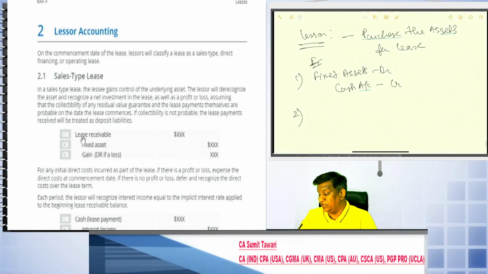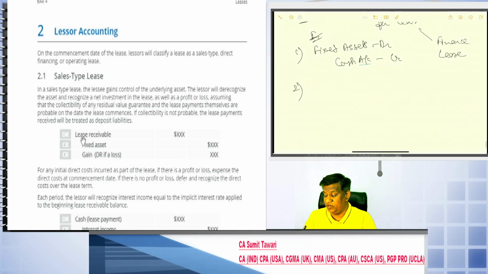Second point, when it is a finance lease, that means the asset is used by the lessee, so he needs to capitalize the asset. So what happened? The lessor will recognize the entry: lease receivable debit, asset account credit, because the entire life of the asset is used by the lessee.